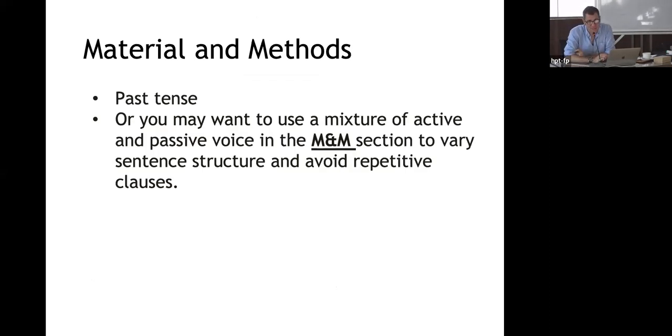So in the material and methods, you usually use the past tense or the passive voice. You see we have changed from the introduction, in which we usually use an active voice. An active voice is also a way of engaging the reader. So you have to try to be clear, concise, to the point, and engage the reader.